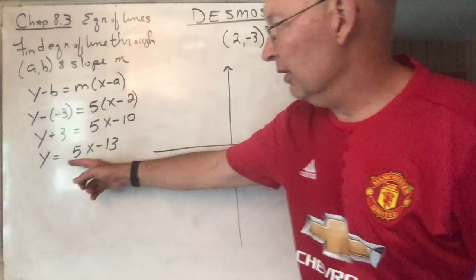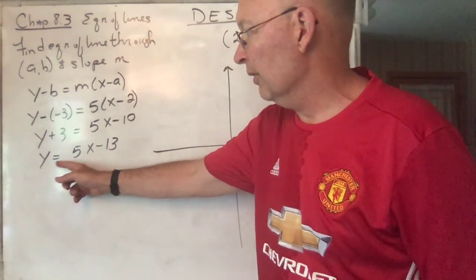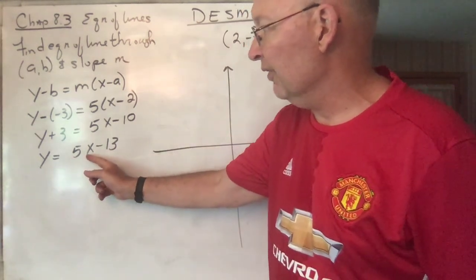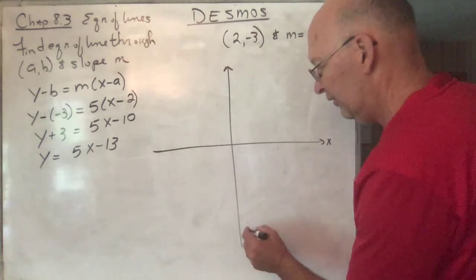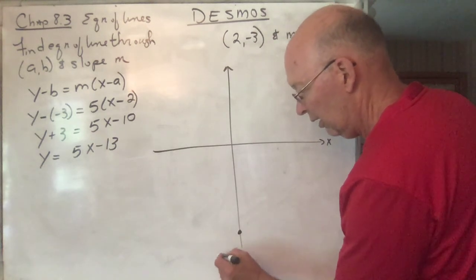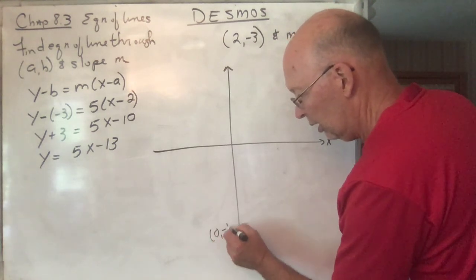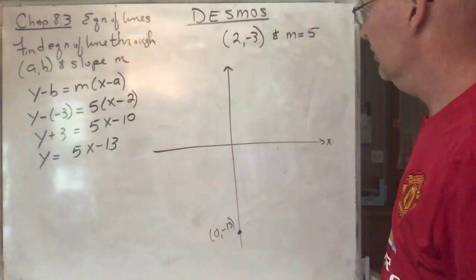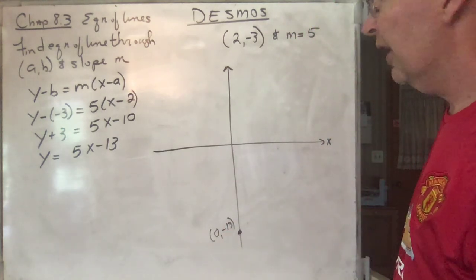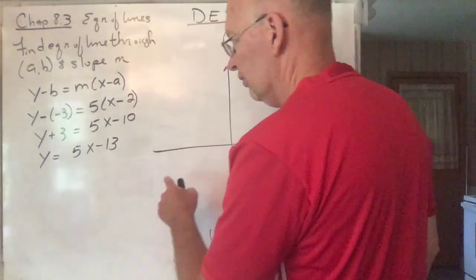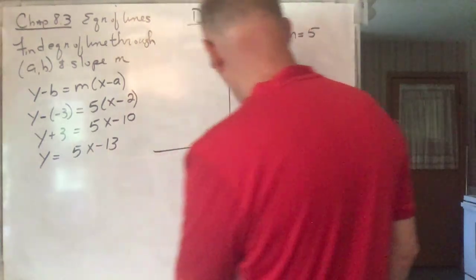But anyway, here, let's see, we don't have that here handy, so I'm going to graph this a second. Well, let's see, when x is 0, y is equal to negative 13. So there's the y-intercept. And if I want to find the x-intercept, all I have to do is let y be 0.